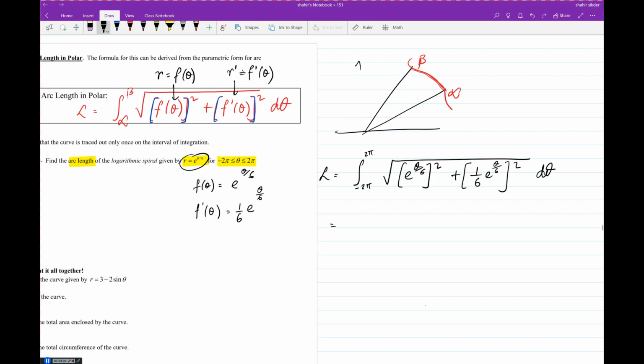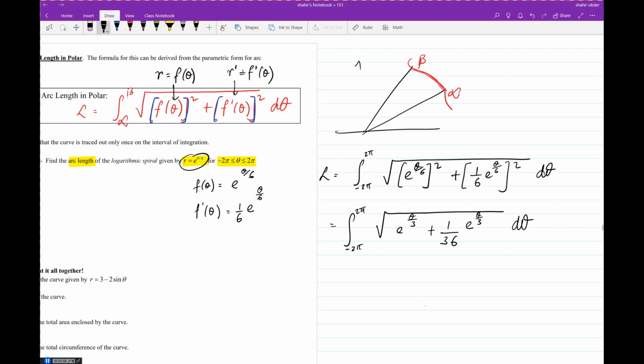Now one really important property: when you talk about exponents, the exponents multiply, they do not add. Very, very important in this step. So you'd have the integral from negative 2 pi to 2 pi of the square root of e to the theta over 3, plus 1/6 squared, which is 1 over 36, e to the theta over 3, d theta.